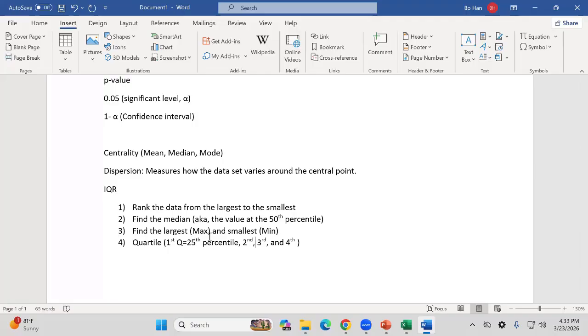Can anyone tell me what the second quartile is equivalent to? Median, right? That's the median, 50%. Very good. 50th percentile, which is the median.